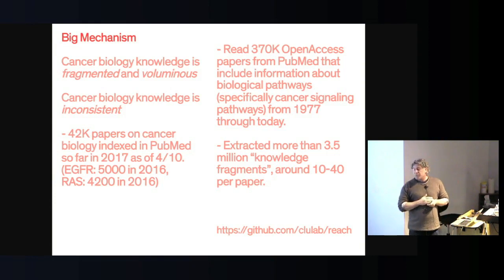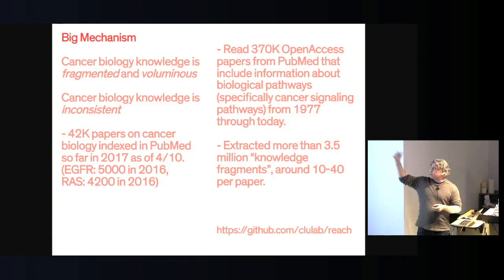So the NLP group for Big Mechanism, the computational linguistics group at University of Arizona, has created a system to automatically read, now it's up to 370,000 academic papers about cancer biology that are open access on PubMed, that include some information about biological pathways or the proteins or protein complexes indicated in biological pathways related to cancer signaling, from 1977 all the way to today.